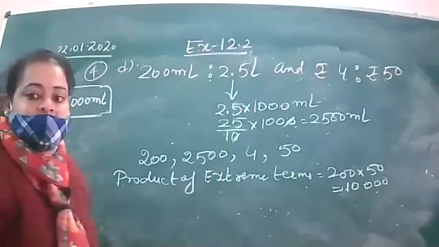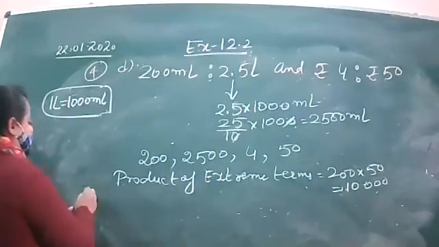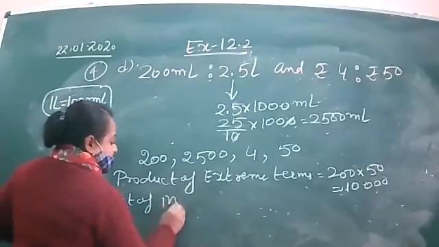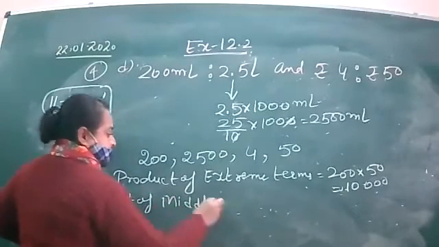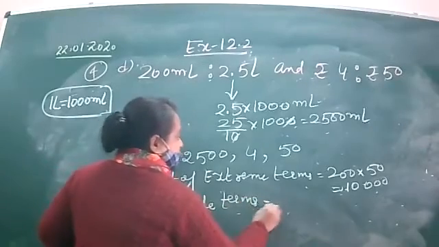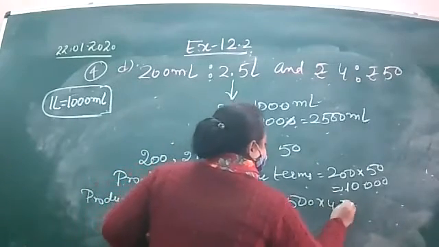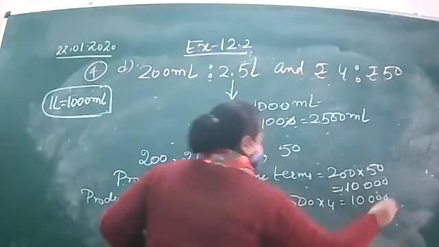Similarly, find out the product of middle terms. So 2500 into 4, again you will get 10,000.